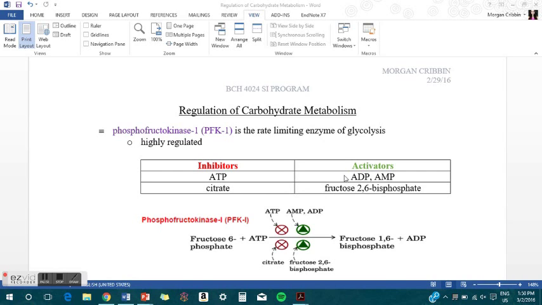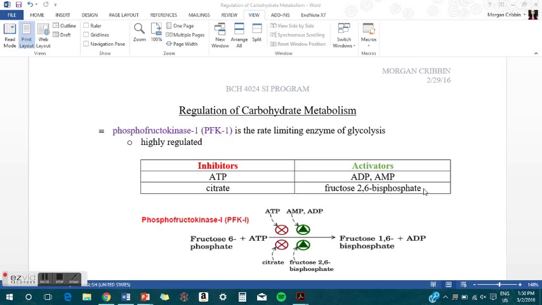So in the opposite vein, what's going to activate your phosphofructokinase 1 is going to be your ADP or AMP. So this is going to signal that you have low ATP and not enough energy for your cell. Another molecule that's important is fructose 2,6-bisphosphate. This is solely a regulation molecule. It's not broken down or created in any sort of a cycle.